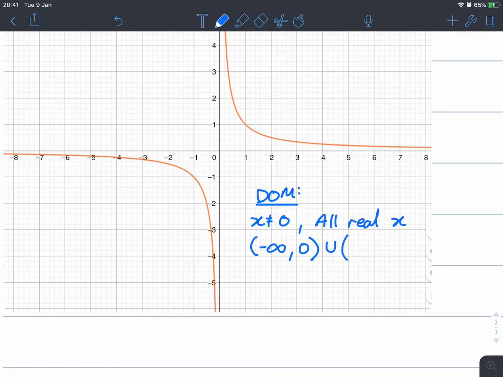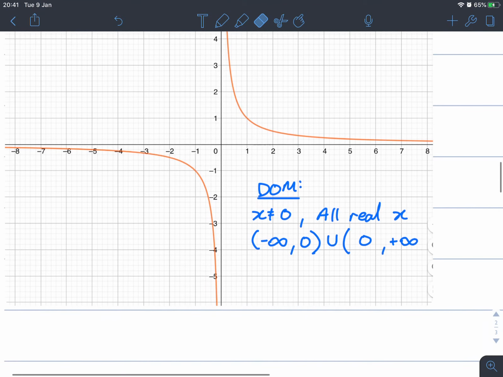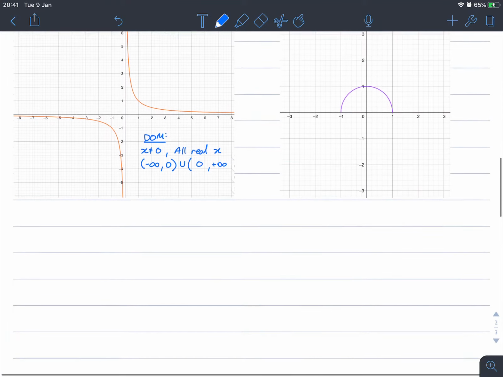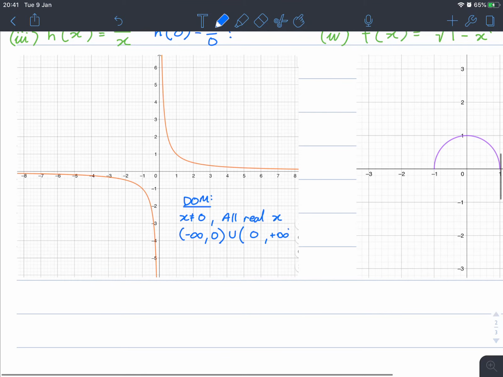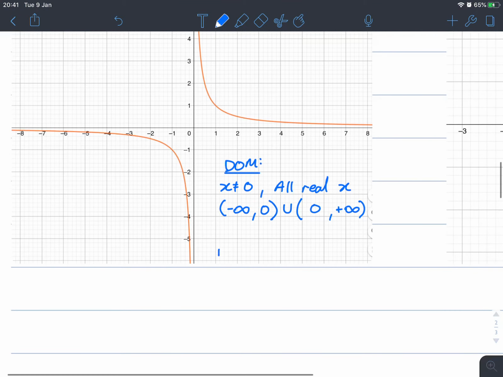Union with, well, in this case, we have positive infinity. That's the highest we can go. And once again, the lowest value we can go is very close to 0, but not including 0. So my domain here is all real x, except x cannot equal 0. Or in bracket notation, shown here.